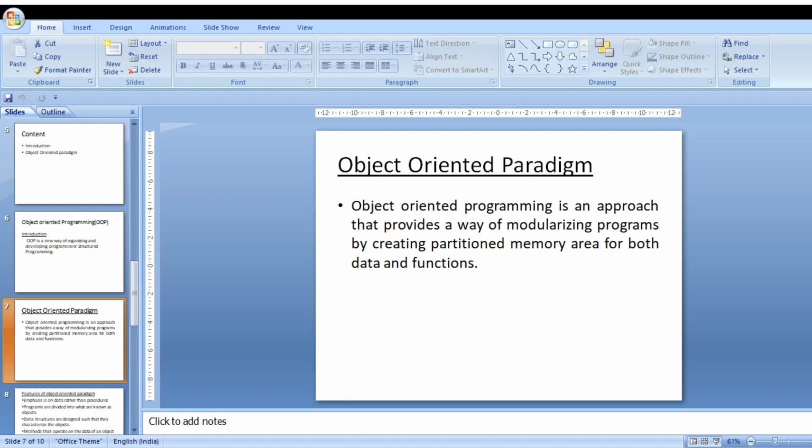Next definition: object-oriented programming is an approach that provides a way of modularizing programs by creating partitioned memory area for both data and functions that can be used as templates for creating copies of such modules on demand. It occupies computer memory that stores data and a set of operations that can access the data.